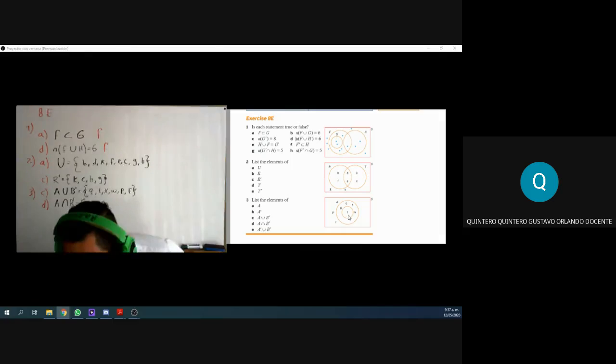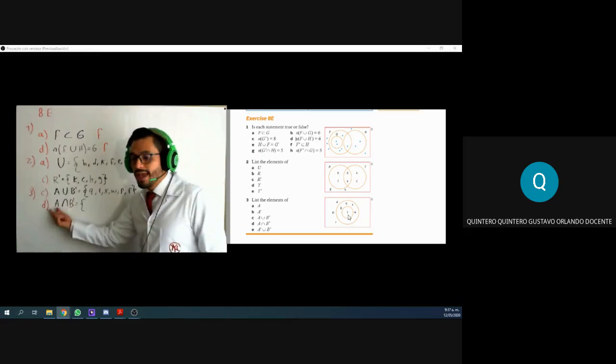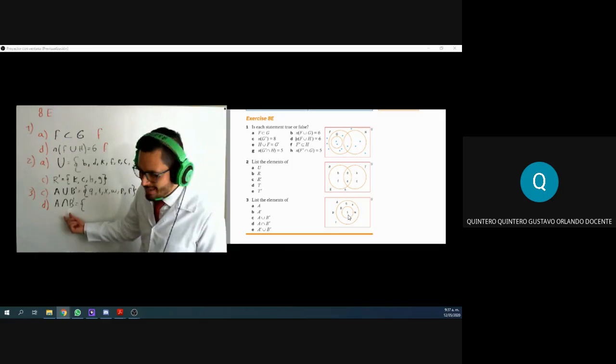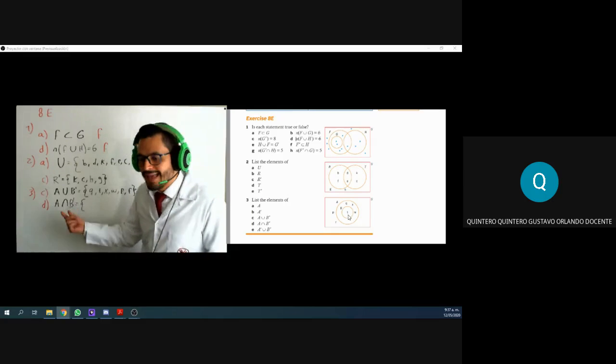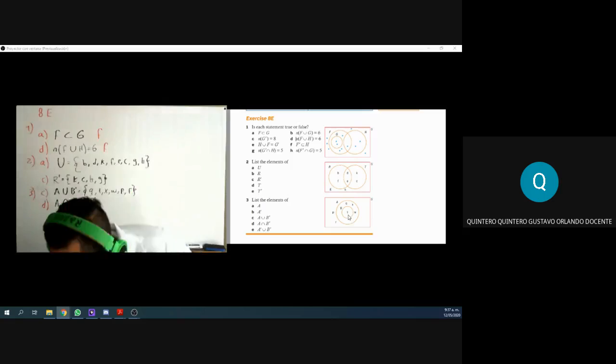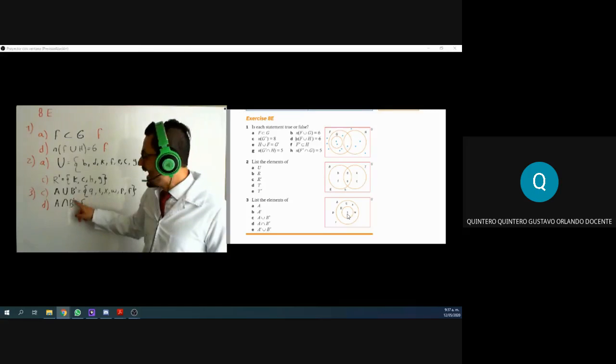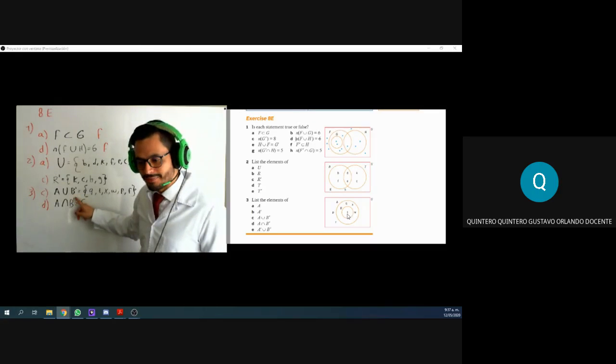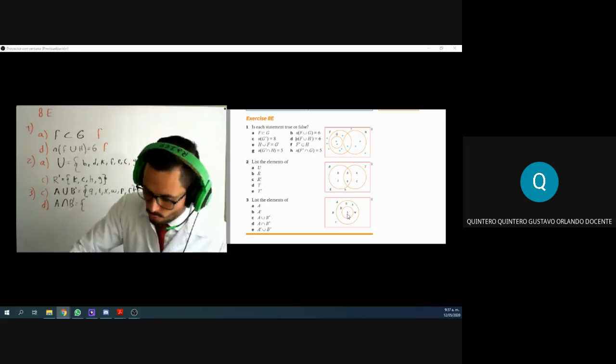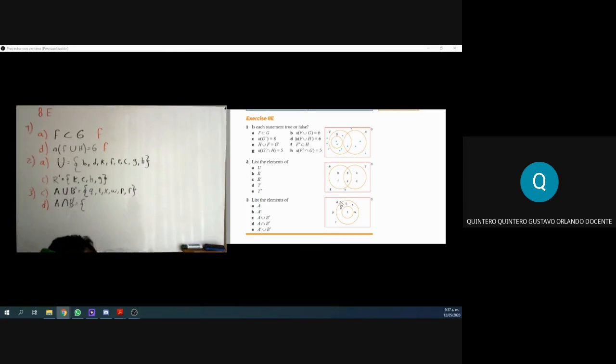But look at this, we are not doing A and B, we are doing A and B complement. So the element T, this one, cannot be in that set because it is inside B, and we want the ones outside B, the complement. In other words, inside A we have these four elements, Q, X, T, W. Which of those four are also outside B?